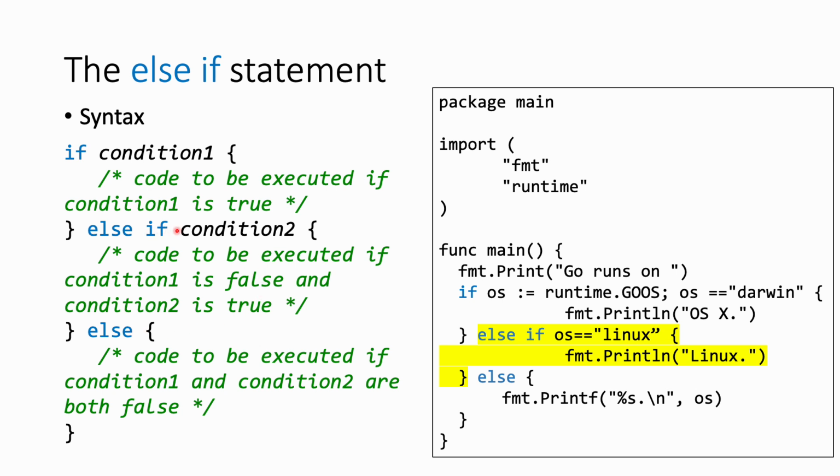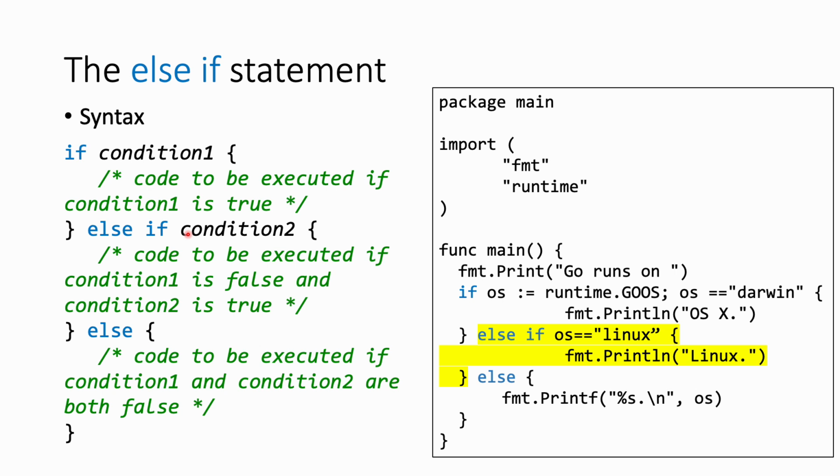Each else if statement must start with the else if keyword right after the closing brace, and in the same line as that closing brace of the previous block. Then it is followed by a condition, and then the statements in a pair of braces. Again, these braces following the condition of each else if statement are required.